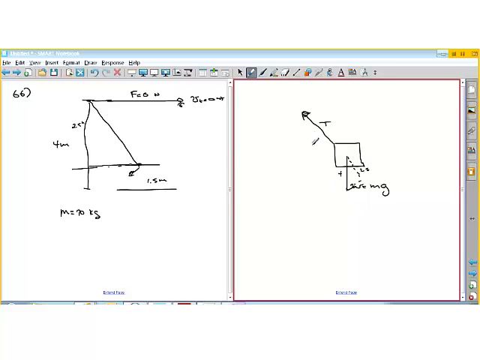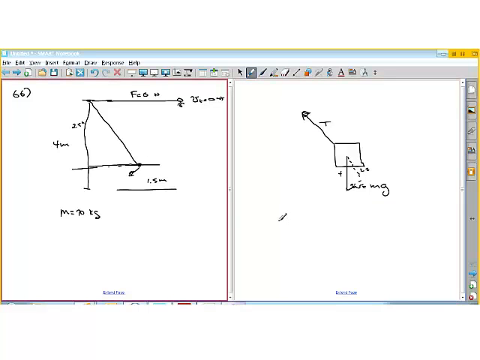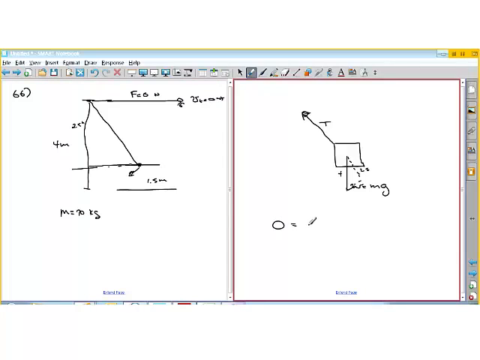Okay, so what does that tell us? We need to figure out what the velocity is at this point. So what you do is use conservation of energy, which says that the change in kinetic energy plus the change in potential energy equals 0. And the change in kinetic energy is equal to 1/2 m (v final squared minus v initial squared), plus mg times (h final minus h initial).